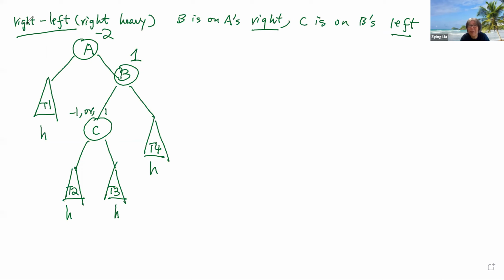That's why we say this case is called the right-left case. So how do we balance? This time, when we balance, it involves two rotations, not a single rotation. First, you do a right rotation.